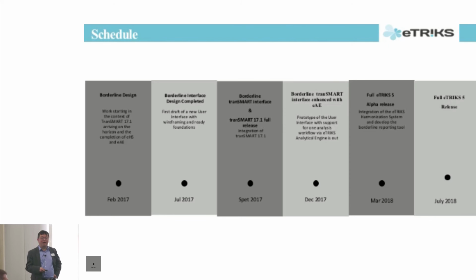Hopefully, by the middle of next year, we can have a full system commissioned for use. Because all the components are there, our major focus is just to build the glue, and Florian will give details about how the thing will be glued together.